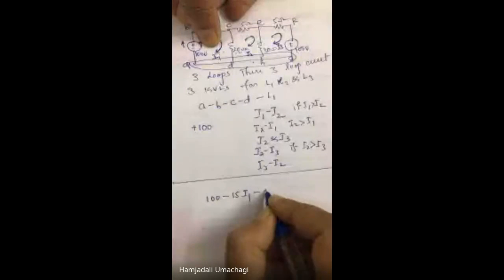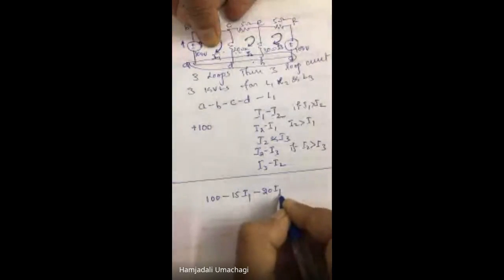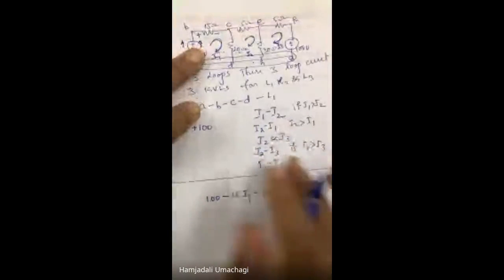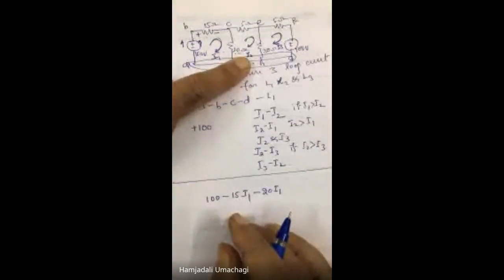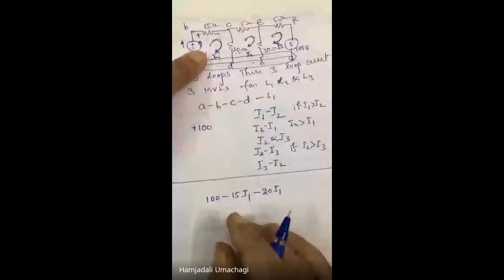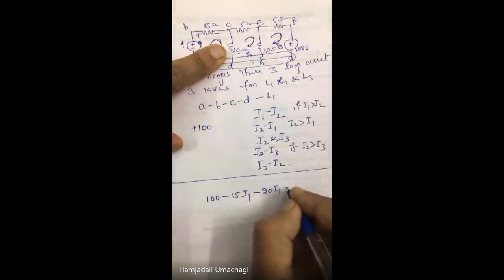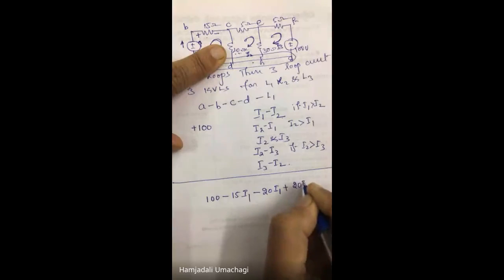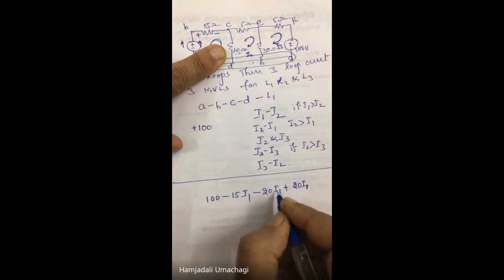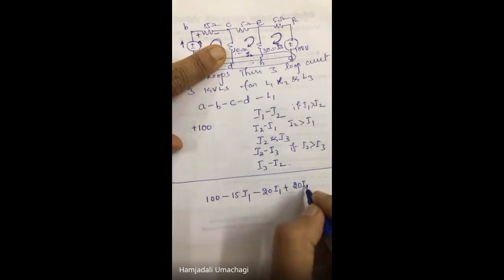I1 is flowing, that is minus 20 I1. This is not yet over because there is an impact of I2 on the first loop through the 20 ohm resistor. That is plus 20 I2, sorry, this is I2.